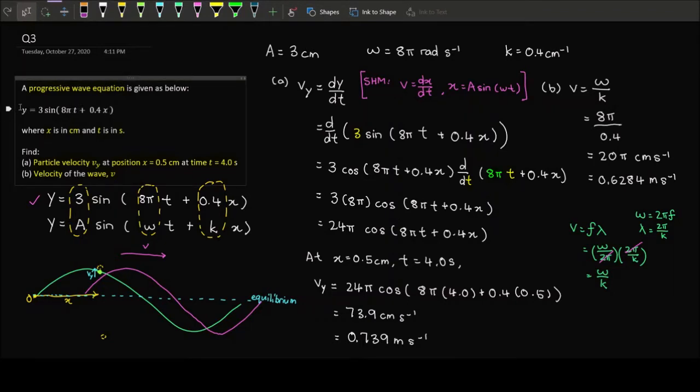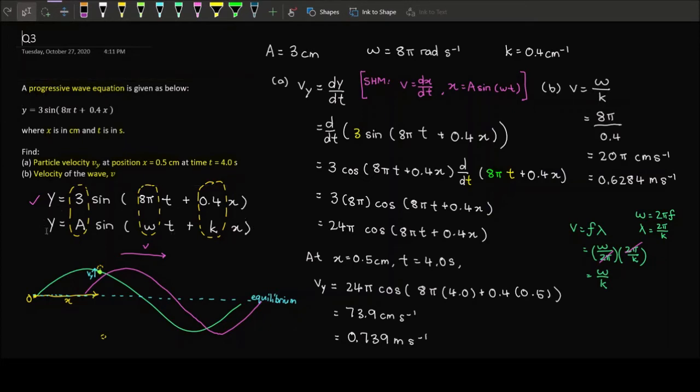So this y here is a function of t and x. And in question 4b, we are also asking for an expression for displacement as a function of x and t. So actually we are looking for something like this.